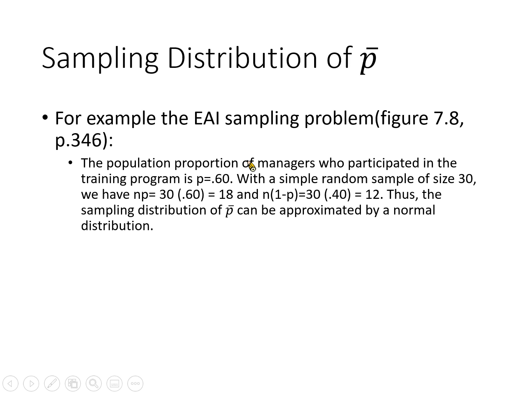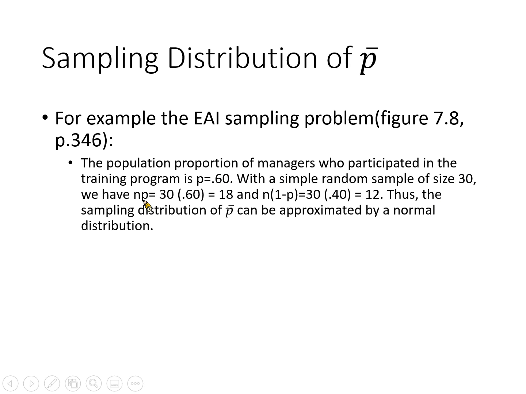Later we will use an example to show whether the EAI sampling is a normal distribution or not. Here you will find the sample proportion is 0.60 and the sample size is 30.